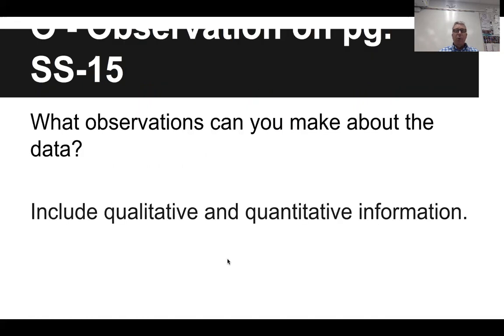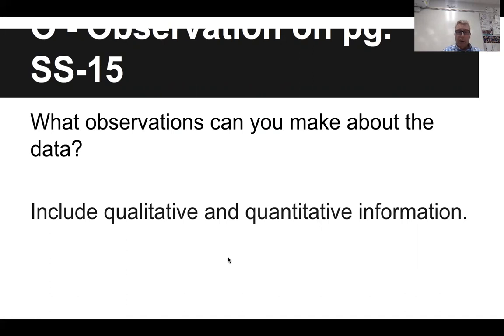So that is our trend. The third thing we want to do is make an observation, and remember, we want to include both qualitative and quantitative. The qualitative can almost be like your trend. So if you're looking on SS15, what is happening?